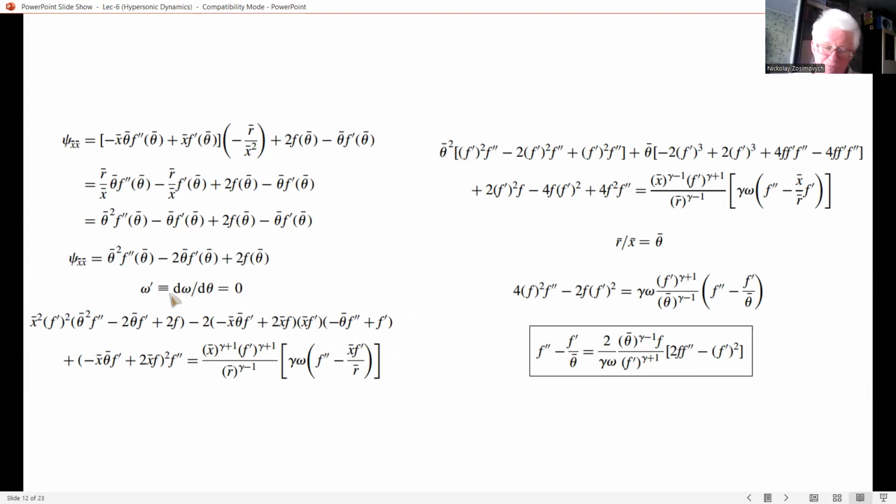Dividing this expression by x stretch squared and grouping coefficients of like powers of theta average, it becomes the expression on the right side.